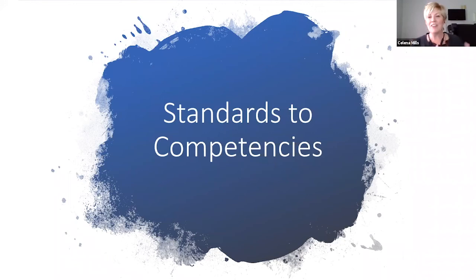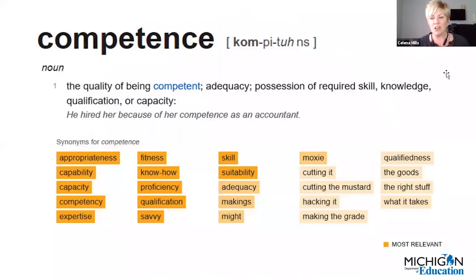So the other big change for you besides credentials is moving from looking at that gap analysis document and standards to working with competencies. And again, your standards are still there, but I want to show you what that move to competencies looks like. In general, when we talk about a student being competent, if we were an academic teacher teaching, say, math or science, then we would see competent as a student who is proficient.